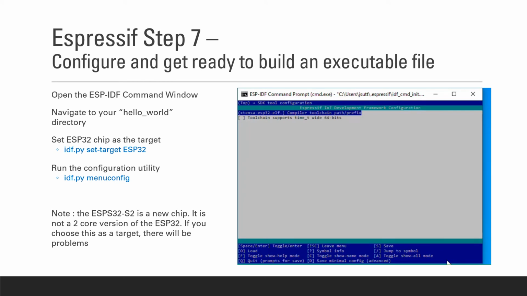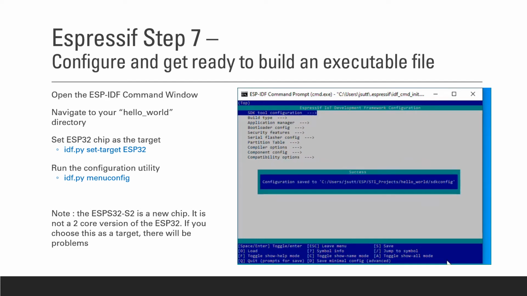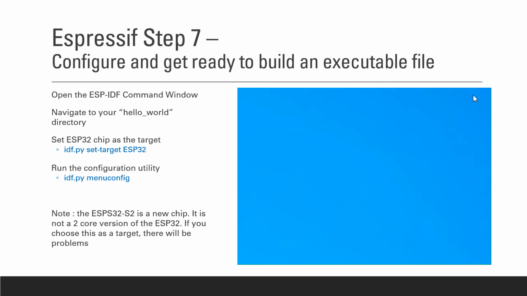It says Xtensa ESP32 compiler toolchain looks good. And I hit escape to get back. And when I'm all done, I can press save, and my configuration is complete. And I'm going to go ahead and close this device, and I'm complete.